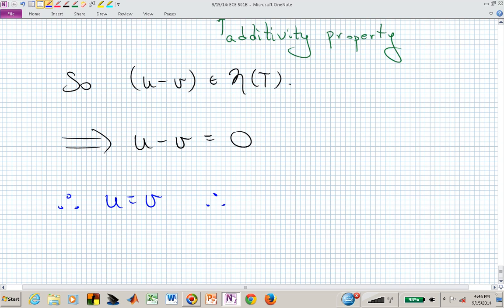And that now is what we needed for a map to be injective. We started with T(U) equal to T(V), and we've shown that that implies U is equal to V. Well, that's the definition of an injective map. And we were able to show that implication by assuming that the null space was the 0 vector.